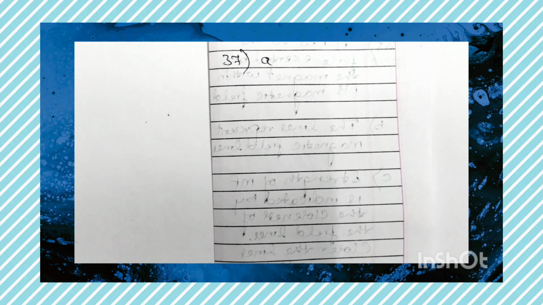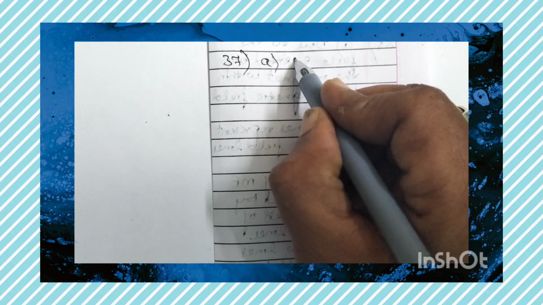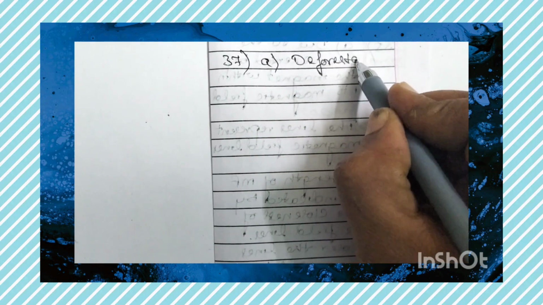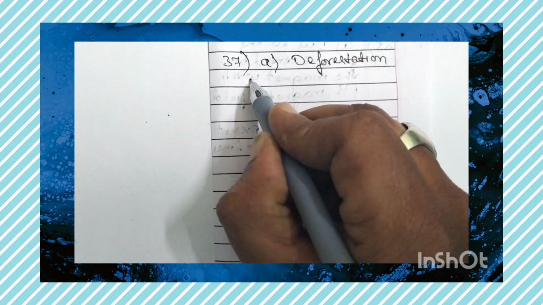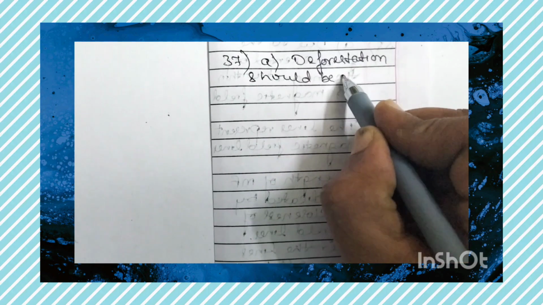Now let us answer 37A: what can you do as an individual to reduce your consumption of the various natural resources. So the first point we can write is deforestation should be avoided.